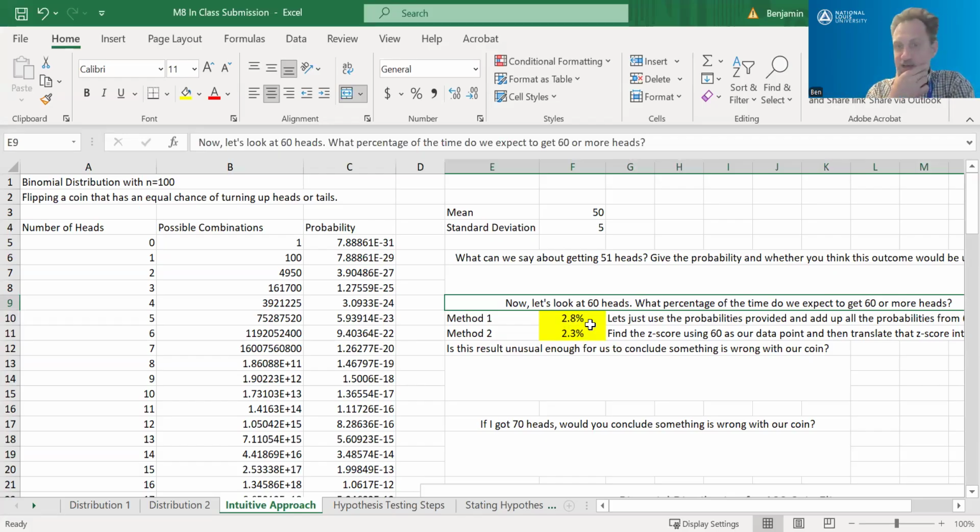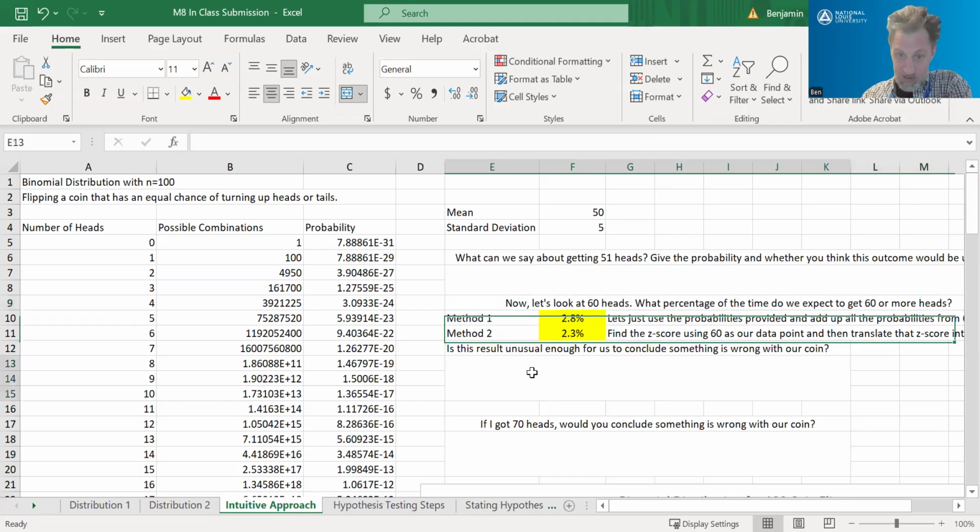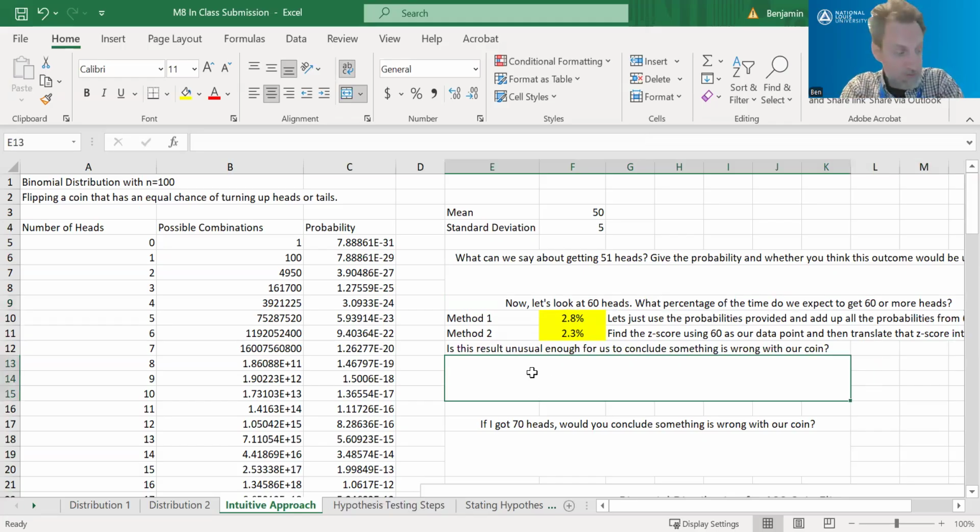and this is actually the answer to this question, you're starting to get into a range where it's like, is that a weird result? I'm okay with not getting 50, but 51, 49, 53, fine, that's pretty normal. If we get 60, we're starting to get significantly more heads than tails.